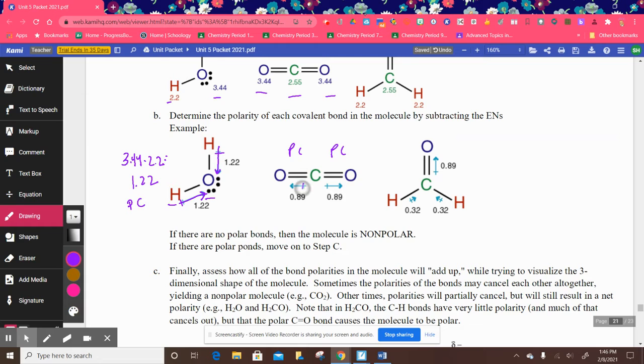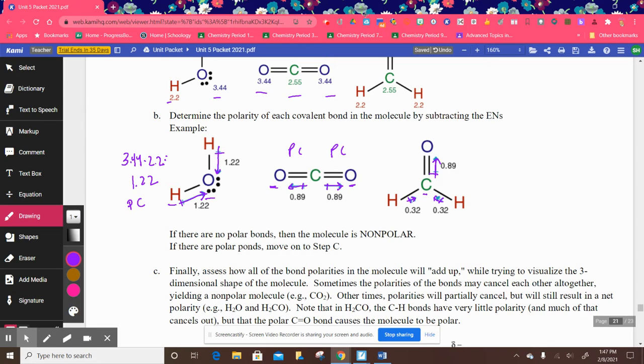With this carbon dioxide, oxygen's higher, so the shared pairs of electrons are being pulled on harder by oxygen on both sides with equal and opposite strength. Okay. If we look at formaldehyde, carbon has a higher electronegativity than hydrogen, so these get a slight pull toward carbon. And then oxygen is quite a bit higher than carbon, so we get a strong pull toward oxygen.